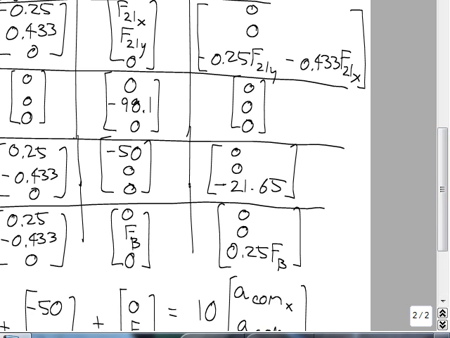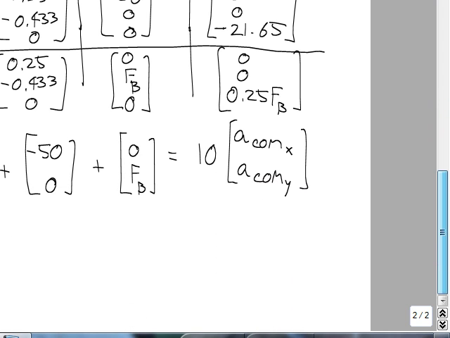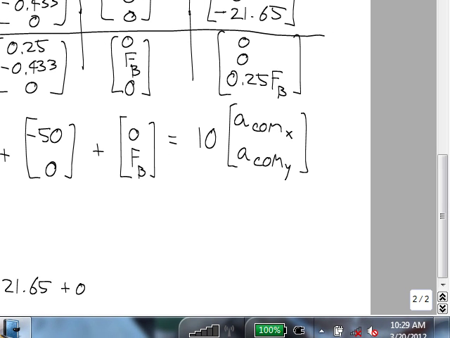So we have negative 0.25 F21y minus 0.433 F21x minus 21.65 plus 0.25 FB is equal to the moment of inertia, 0.833, times the angular acceleration of body 2.